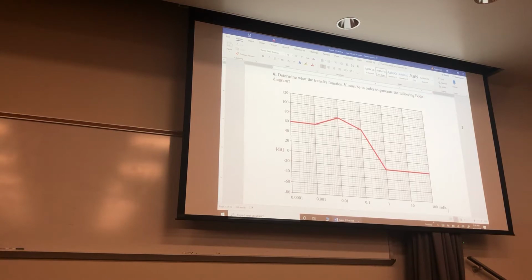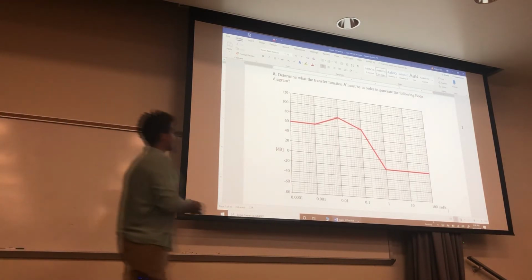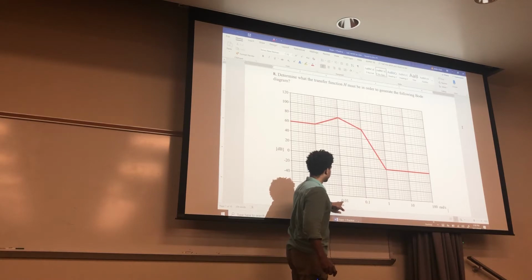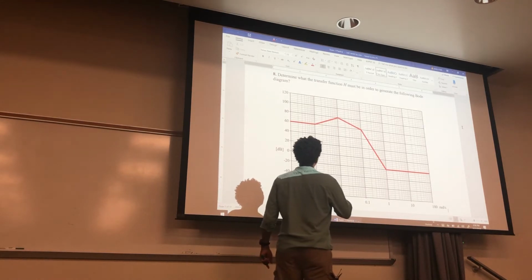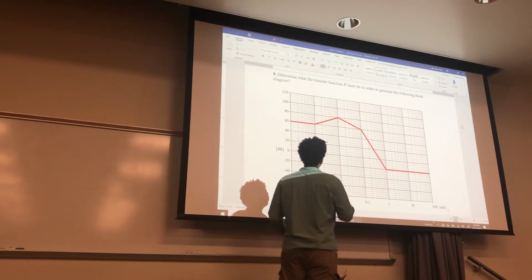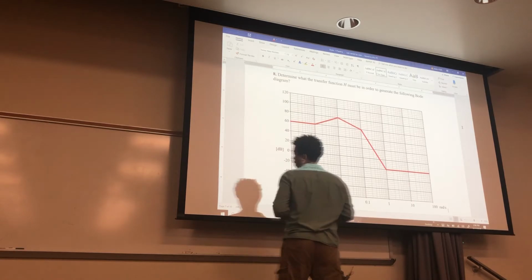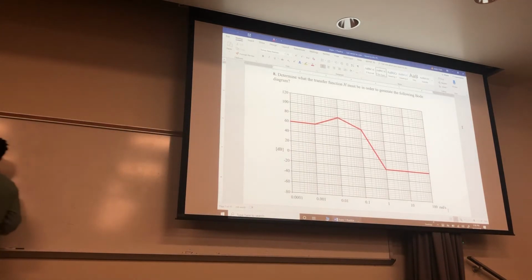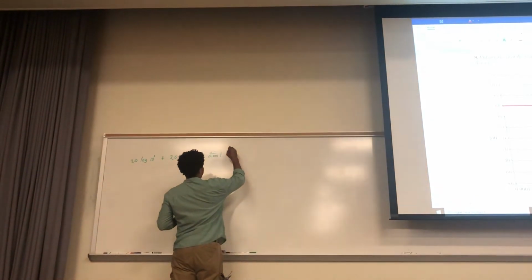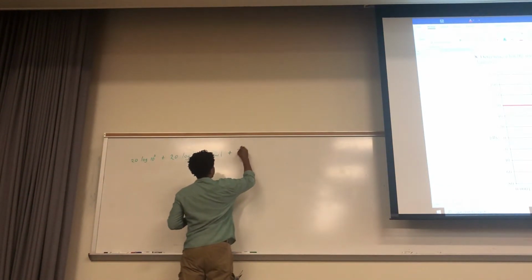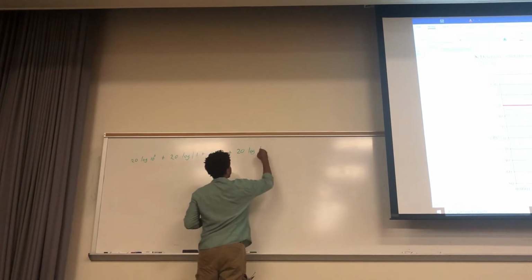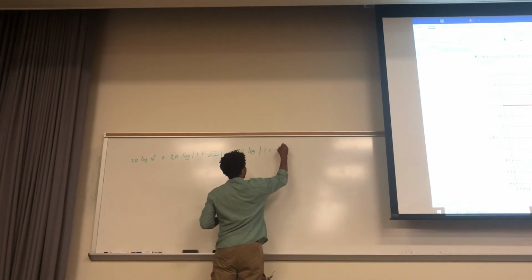Okay. This one right here, it's happening at this cutoff frequency 0.01. This would continue up that way. So the first 20 decibels per decade is going to knock it down this way. And then we have to do it again to get it down at that angle right there. So it's going to be like a double drop. So this is going to be like 20 log of 1 plus j omega over 0.01.